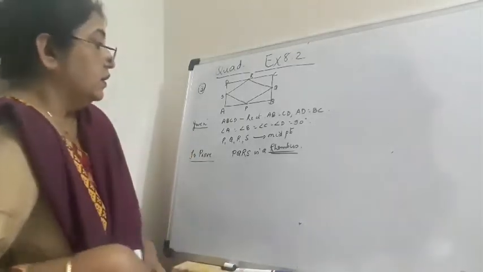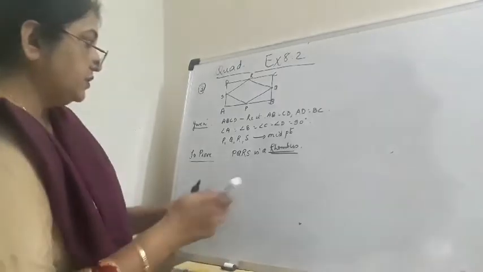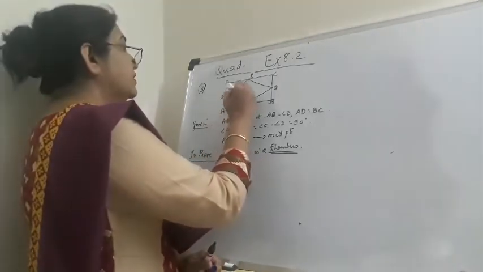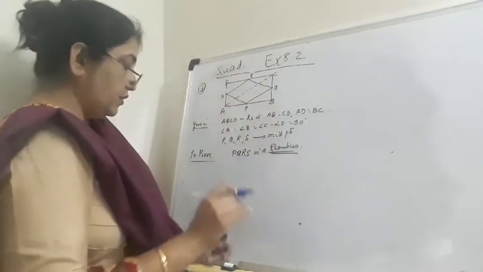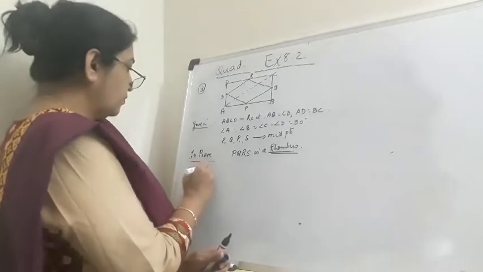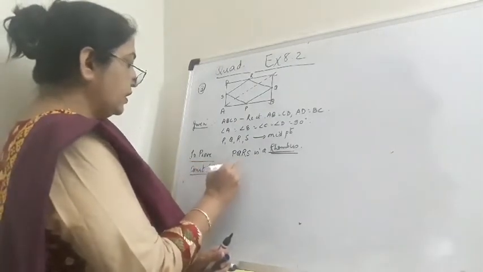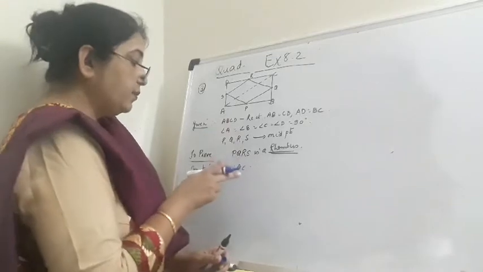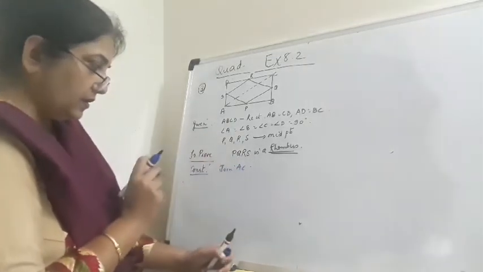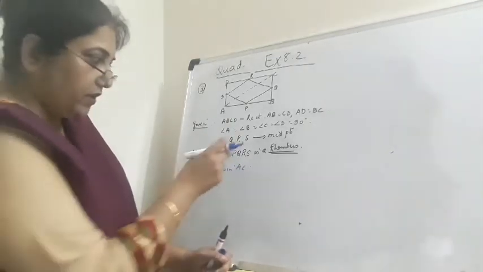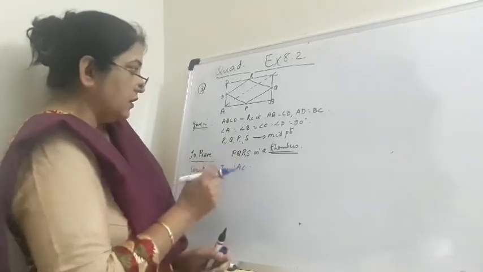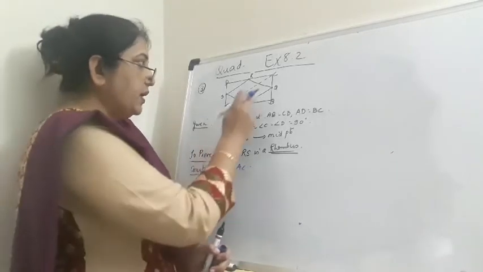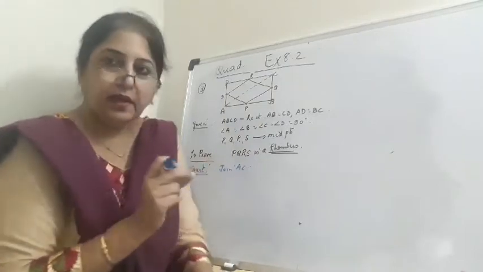Now, for this we have a construction. We'll join AC. So write construction: join AC. Now we'll apply the midpoint theorem. Now children, I'm giving you a small homework in this question: you will first prove that PQRS is a parallelogram.